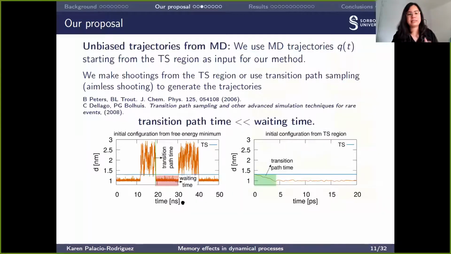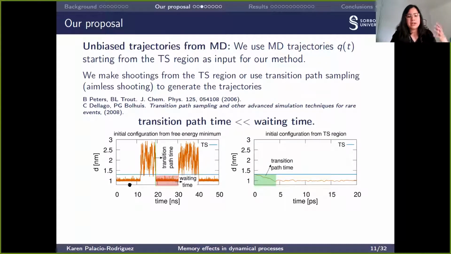So going step by step, we start from unbiased molecular dynamics trajectories. Basically, we start by saying that the information we need to optimize the Langevin models is in the trajectory, so in the position in time of the system. Here I have a plot of a typical rare event.